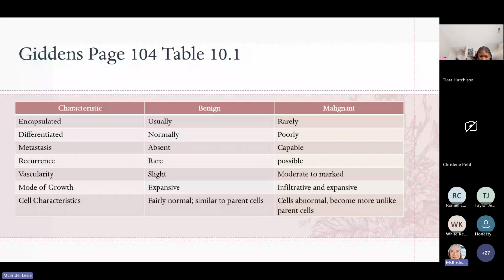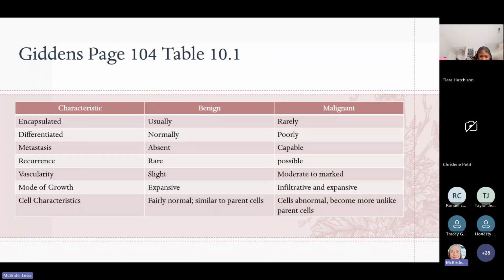Vascularity means that with benign cancers, it's very rare. They can vary, they can have blood vessels, but they're usually more organized and normal in structure. There might be slight vascularity issues, but malignant tumors often show high vascularity.